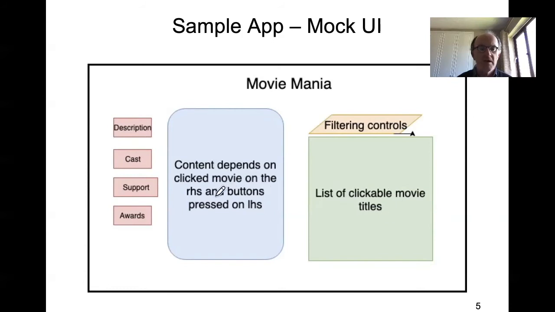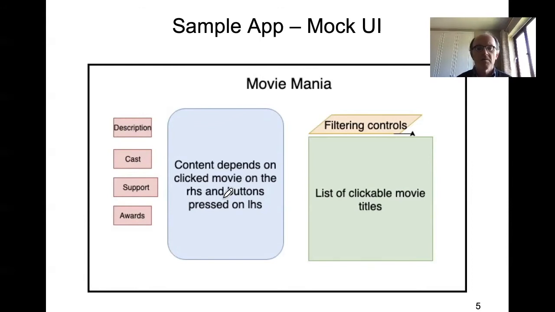And what information is displayed inside here is also dependent on which of these buttons the user has clicked. So as a user, you'd select your movie, then you might click description, and here we would get the plot associated with the movie. You might also select cast, and then you get the detail of the cast, and so on for the other buttons. So that's how it's meant to work, and that's the UI side of it.